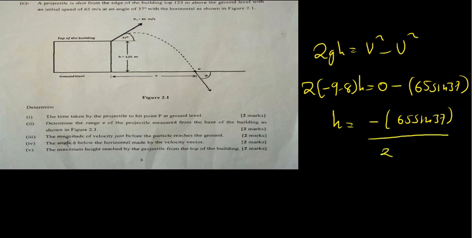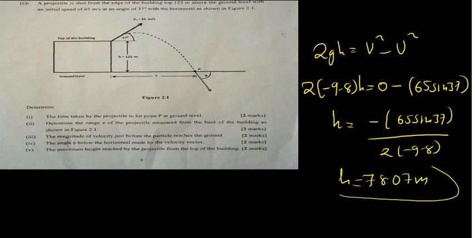Initial velocity, of course, is in the y direction, 65 sin 37. To find height, it will just be negative (65 sin 37) squared, divided by 2 multiplied by negative 9.8. Therefore, the height there is going to be 78.07 meters. So that is the height from the top of the building to the maximum point of the projectile.